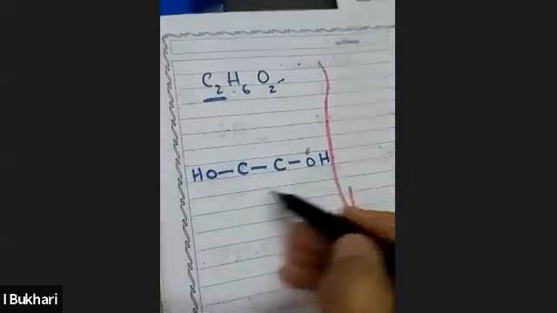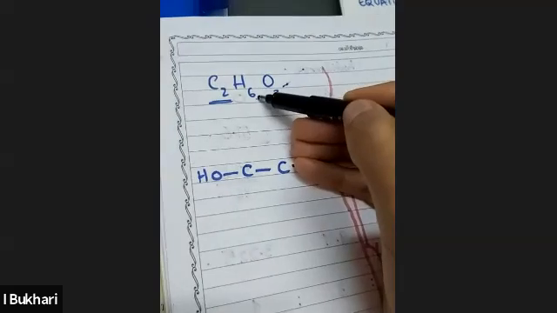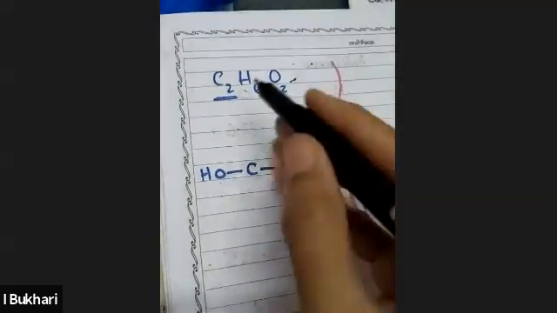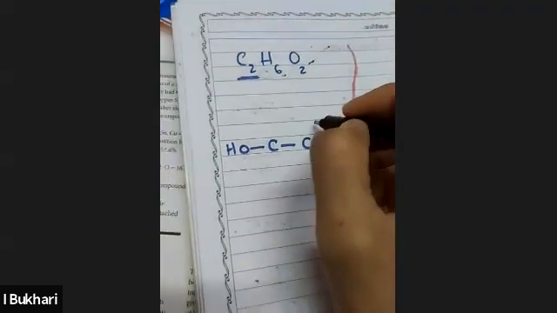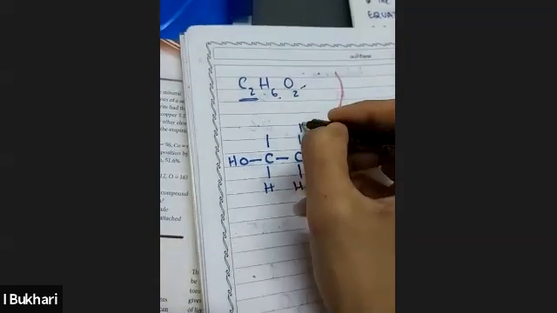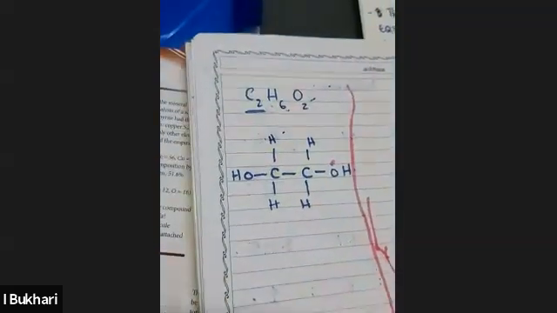Hydrogen: I have added 2, and the total is 6, so 6 minus 2 is 4 more. 1, 2, 3, 4. So this is my structural formula.